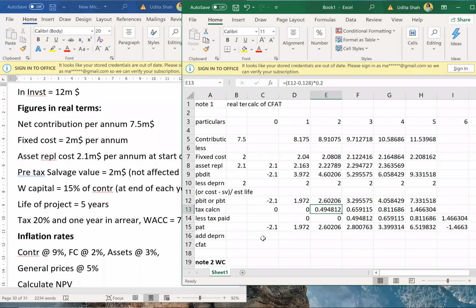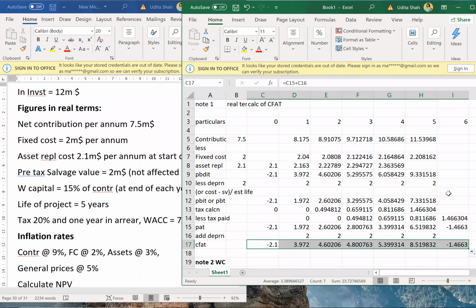Okay, so that is my PAT. Add back depreciation. Depreciation was 2 million per year, so add it back. So you'll get your CFT. So CFT will be PAT plus depreciation. That is my CFT. So CFT from year 0 to year 6, I have got the CFT.